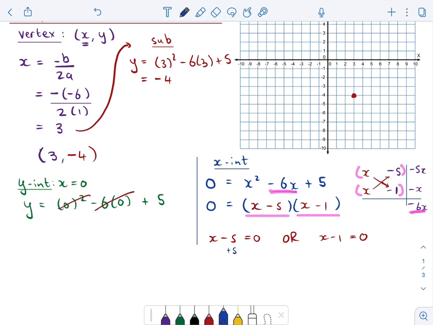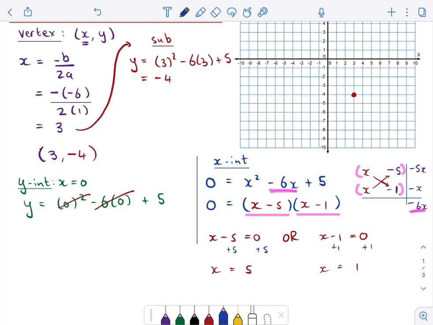I add 5 on both sides and I solve for x. In that case, x is equal to 5, and I add 1 on both sides, and x is equal to 1. So as the y value is 0, the x value would be 5 and 1.